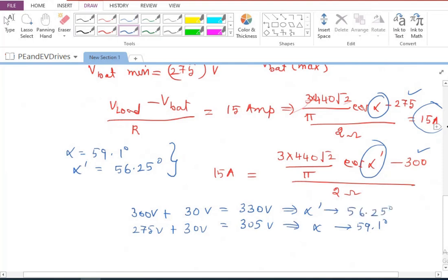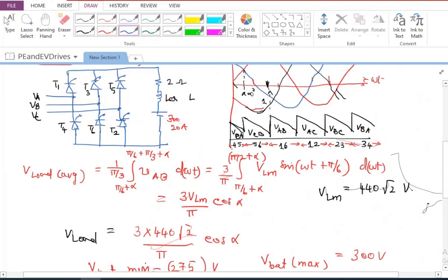So this is 59.1 degrees, whereas this is going to be 56.25 degrees. And if you look at the load voltage waveform, this is load voltage. And if I am assuming the current is constant at 15 ampere, so probably I'm going to have the current which is 15 ampere like this. So this is going to be the I load. This is the load voltage.